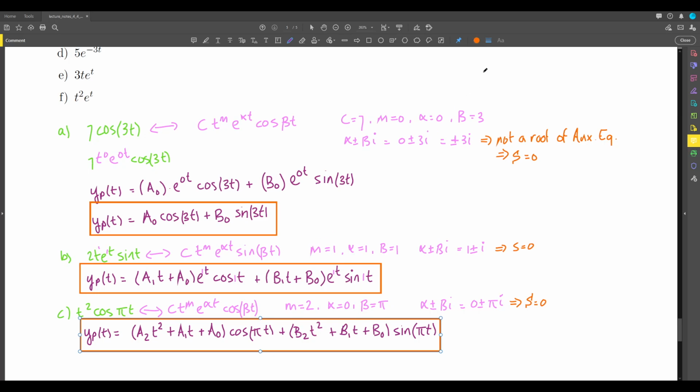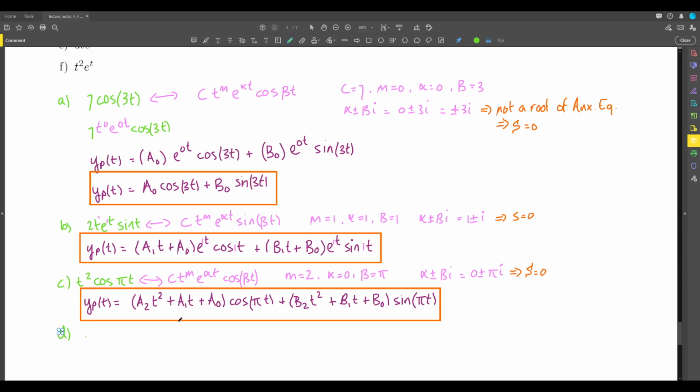So we're going to take a look at D. Okay, and so now I want to take a look at question D, and the right hand side looks like 5e to the power negative 3t, and we're going to compare that with the general form.